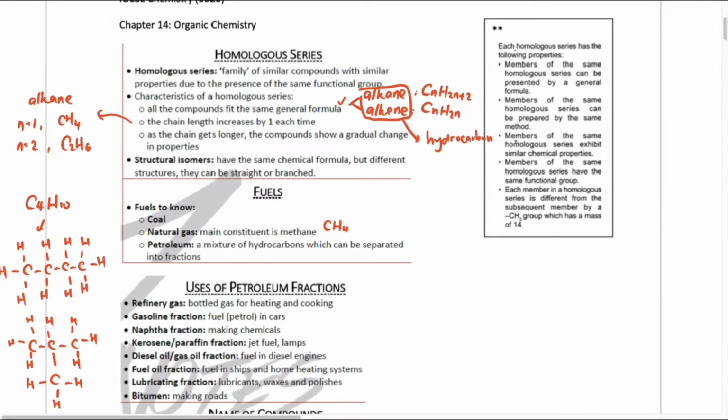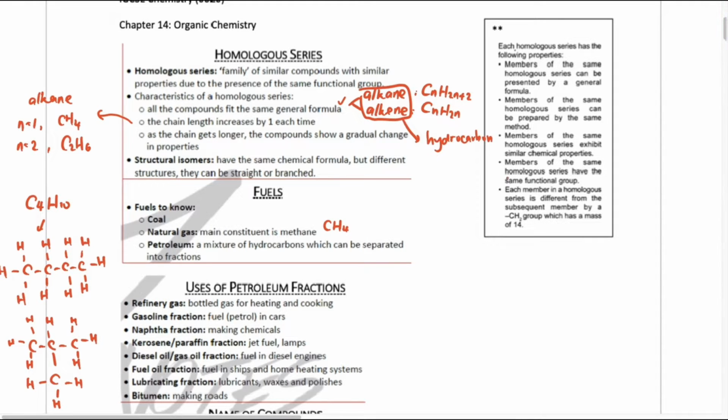Members of the same homologous series exhibit similar chemical properties. For example, all the alkanes undergo free radical substitution. That is one example. All the alkenes undergo addition reactions. That is another chemical property.